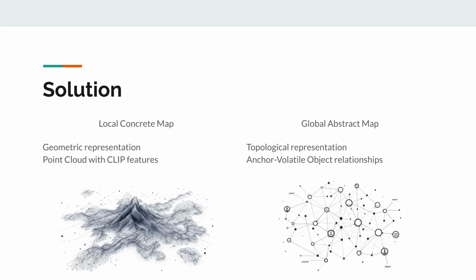And there is the global abstract map, which is a lightweight topological graph of what the authors call anchor objects, like a table or a counter, and volatile objects, like a book or a mug. So the robot uses the global map for high-level planning and the local map for precise localization of objects. Combined, this eliminates the computational burden of maintaining a dense global map.